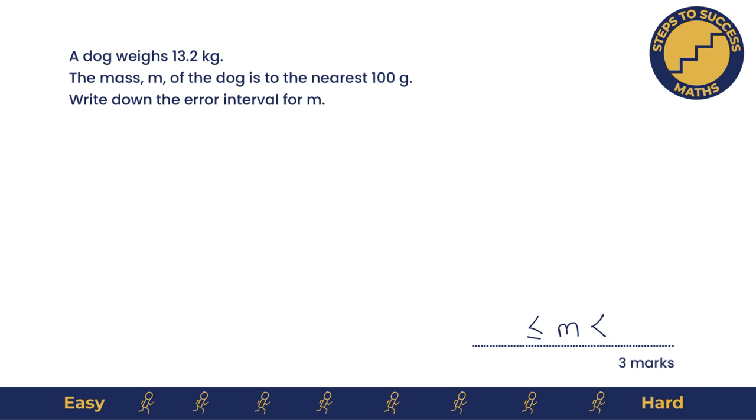Now you need to understand the rounding. So you rounded it to the nearest 100 grams. Where are 100 grams in this? So it's this 0.2. This 2 represents 200 grams. So what's the smallest number you could round to the nearest 100 and get this 200 grams? Well, it's 150. So you need 13.15 for the 150 gram part.